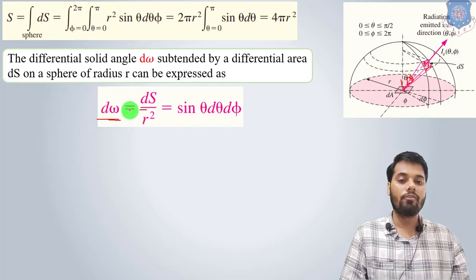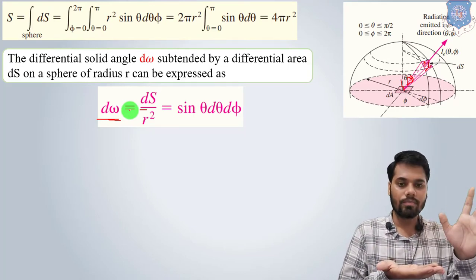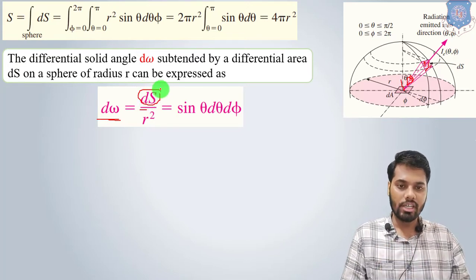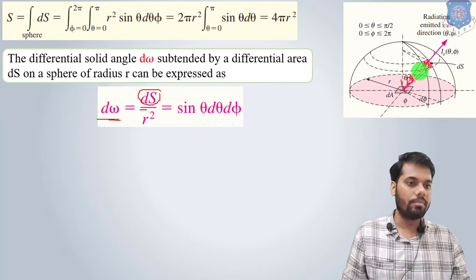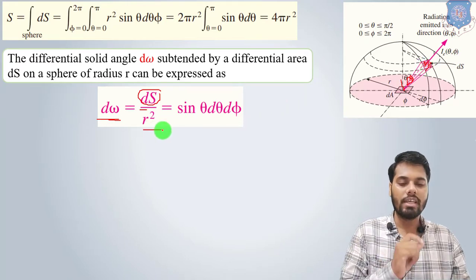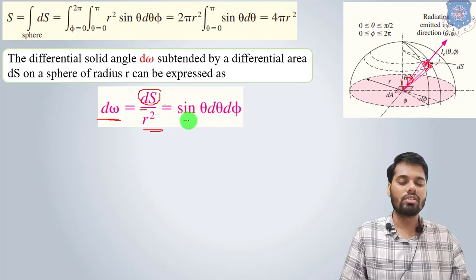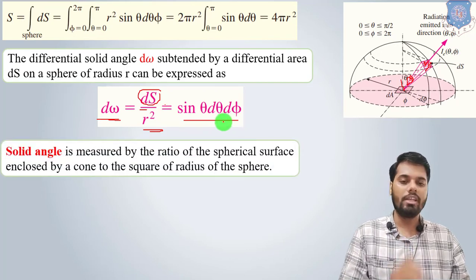Here d omega is a differential solid angle, not the total solid angle of the hemisphere. It is a differential solid angle made by the differential area ds, which is a part of the hemisphere, divided by r square, the square of the distance between these two. We know the value of ds is r square sin theta d theta d phi, so r square will cancel out, and the remaining will be sin theta d theta d phi.